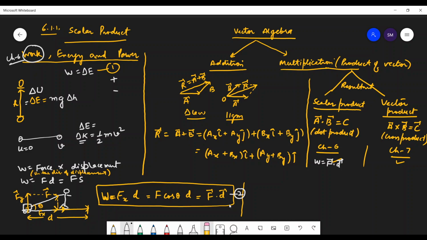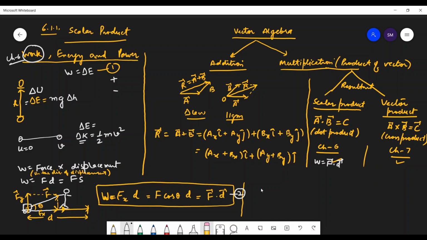Another thing is, now what is power? Power is nothing but work done per unit time. So that's what power is. So the whole chapter revolves around work done.